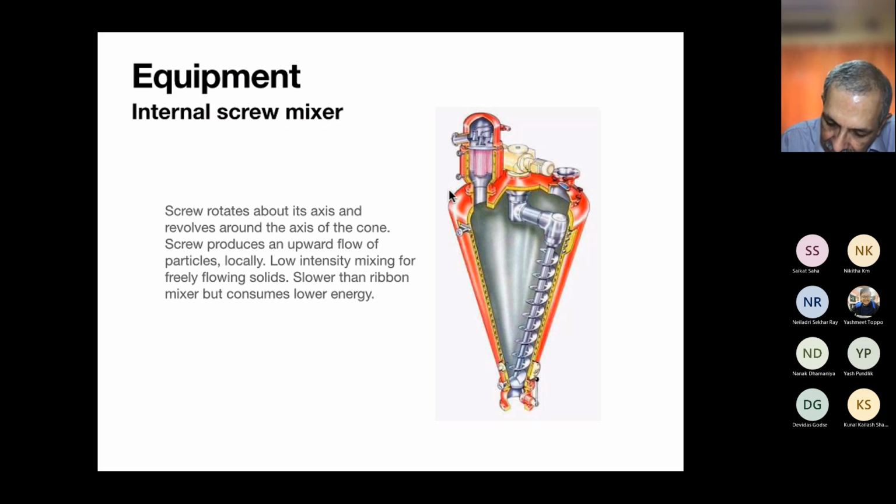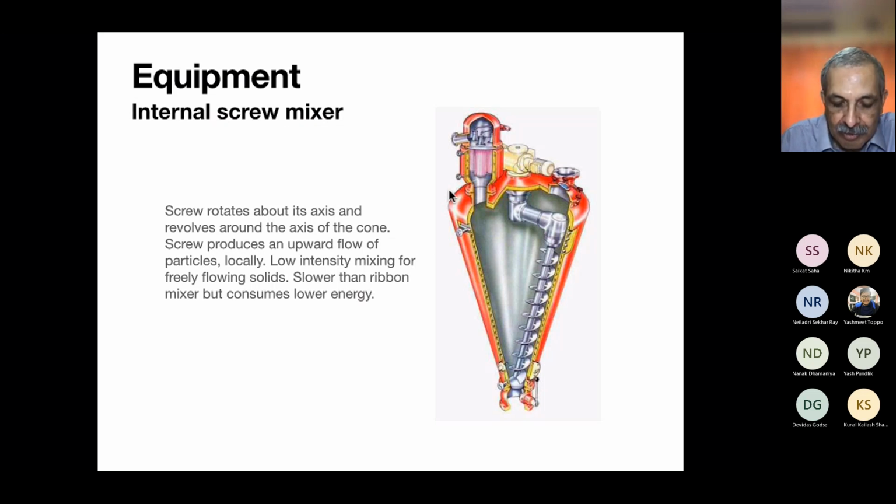What it does is constantly pull the material upward and then deposit it, and then it goes around. So you get a pattern that is formed where the material is pulled up and then deposited. It's much lower energy than the helical ribbon mixer, and also much lower intensity, and more gentle mixing takes place in this.